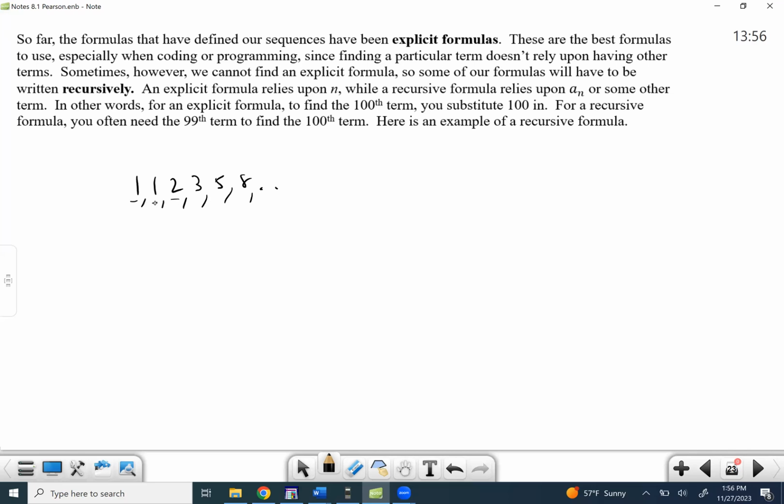Like 1 + 1 is 2, 1 + 2 is 3, 2 + 3 is 5. So written recursively, it's easy. To find any number, you take the one before it and the one before that, and you add them. It's so easy. But to get an explicit formula for this was so hard. So sometimes we just can't, and it's easier to just write it recursively, okay?